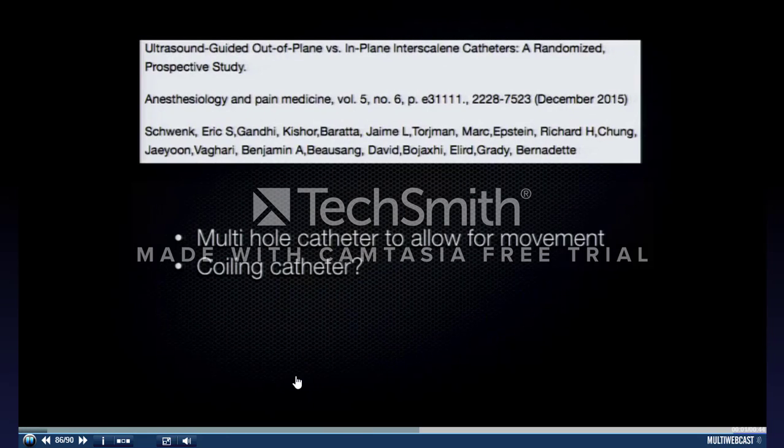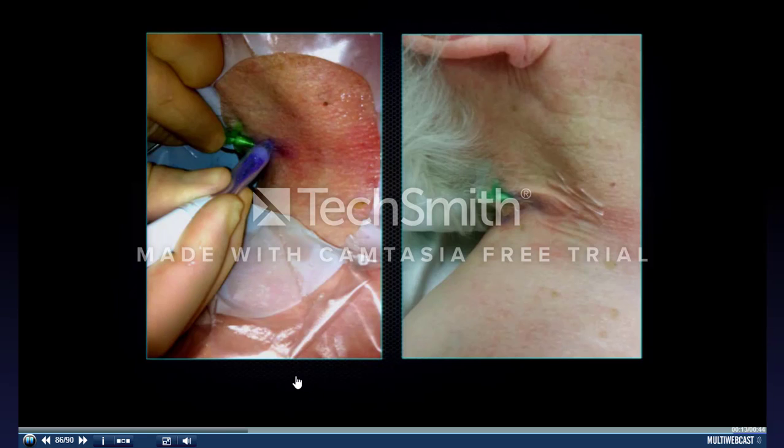I wouldn't suggest the coiling catheters just yet. I haven't got too much experience with them, but I think the multi-hole catheters for an in-plane catheter technique make sense to me, especially in the interscalene area, where you can have quite a lot of tissue movement. There's a great video clip that Adma showed me about this moving almost 2 centimeters.